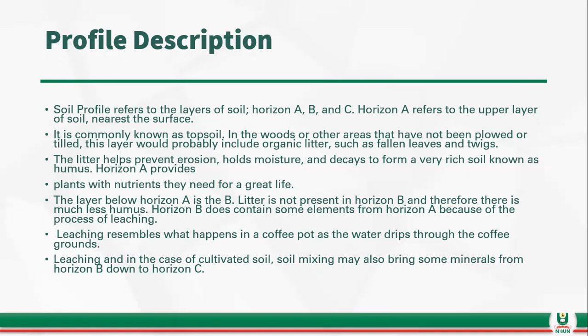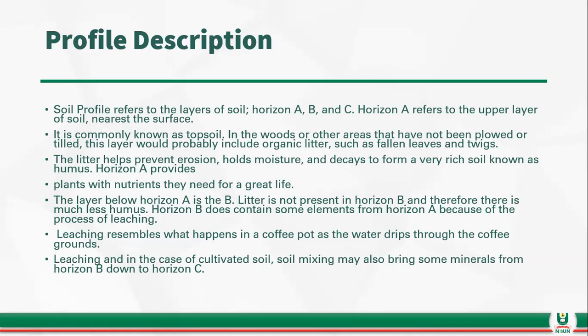Horizon A refers to the upper layer of soil nearest to the surface, and it is commonly known as topsoil. In the woods or other areas that have not been plowed or tilled, this layer would probably include organic litter, such as fallen leaves and twigs.